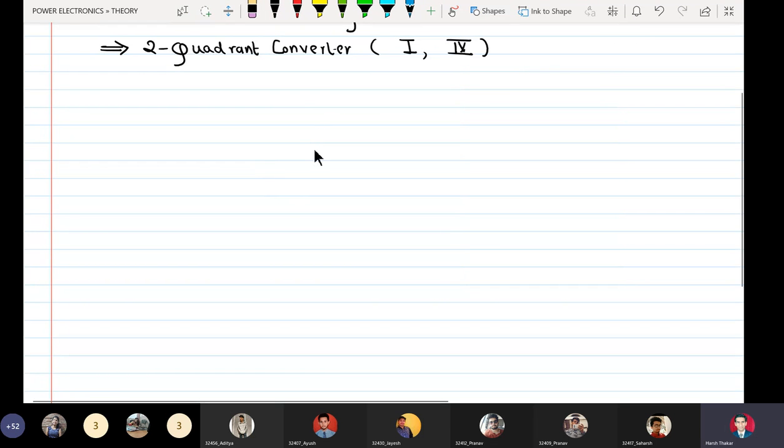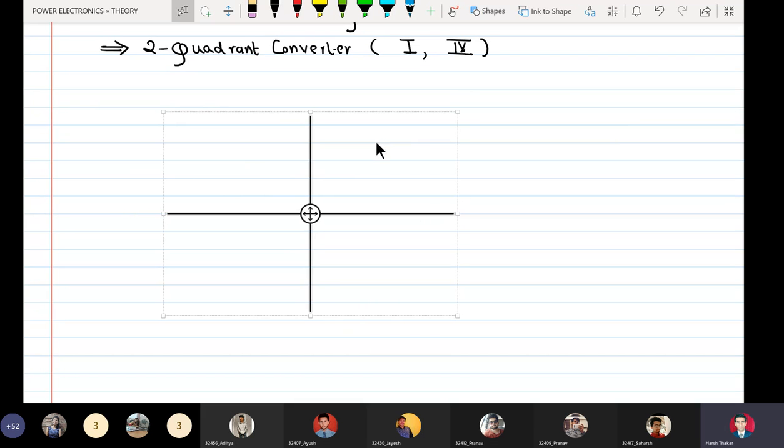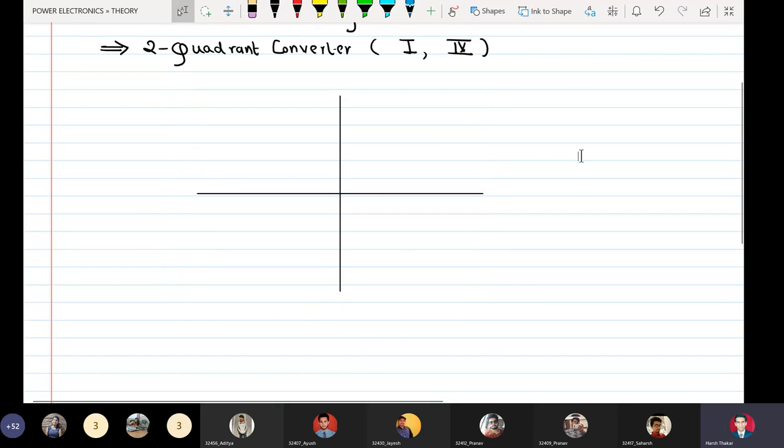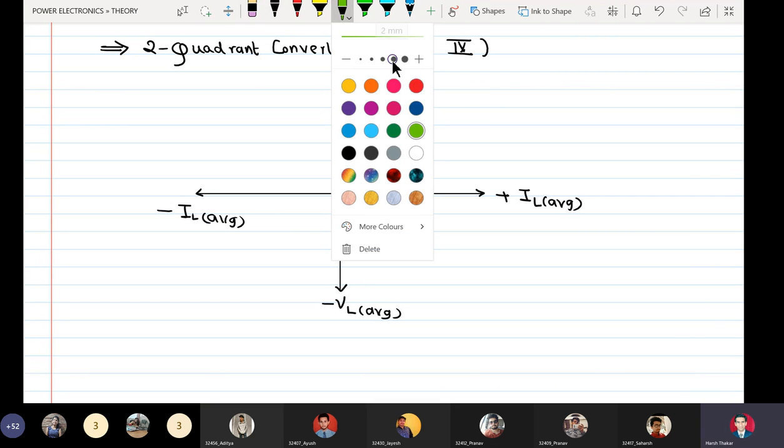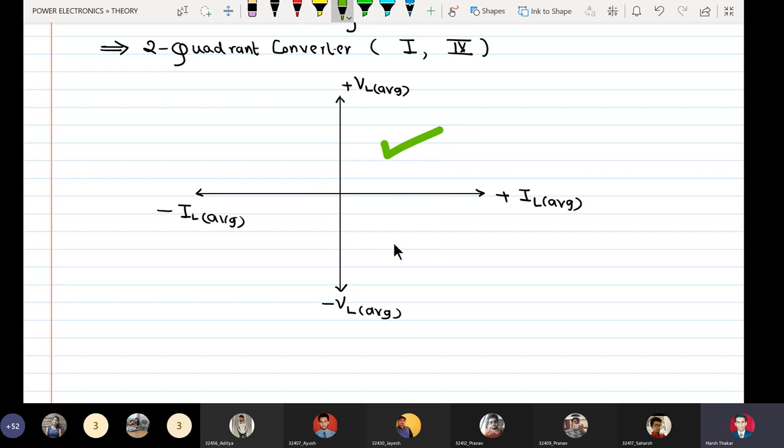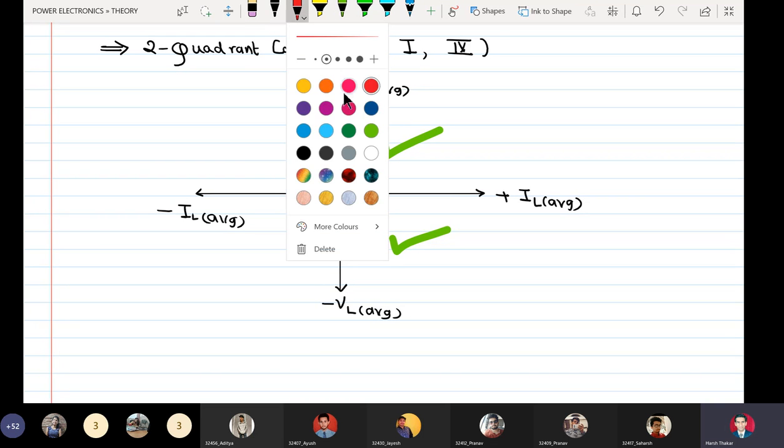So that means here, it can operate in this quadrant and in this quadrant.